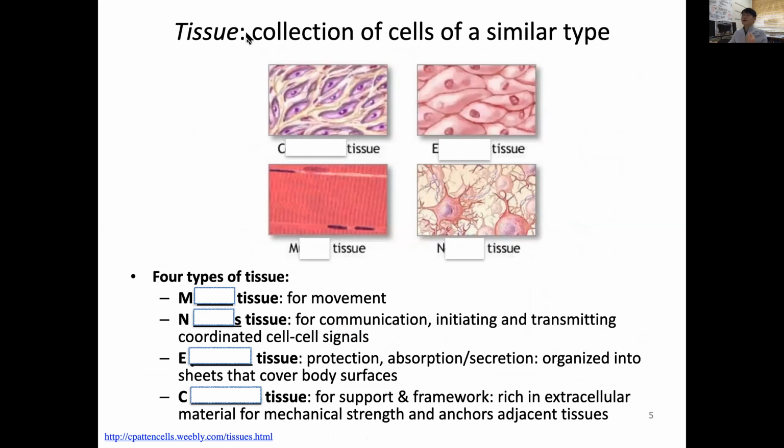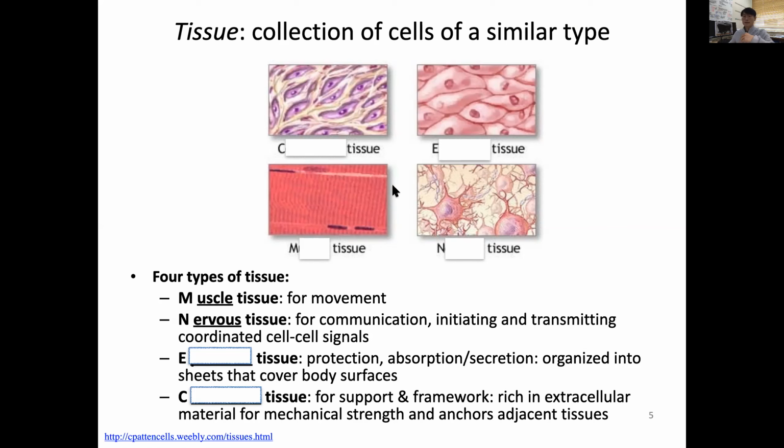So a collection of cells of a similar type is a tissue, and we talk about four kinds of tissue. Just look at this again. For movement, we need muscle tissue. And for communication, initiating and transmitting coordinated cell-to-cell signals, which allow the final movement, is done by nervous tissue.